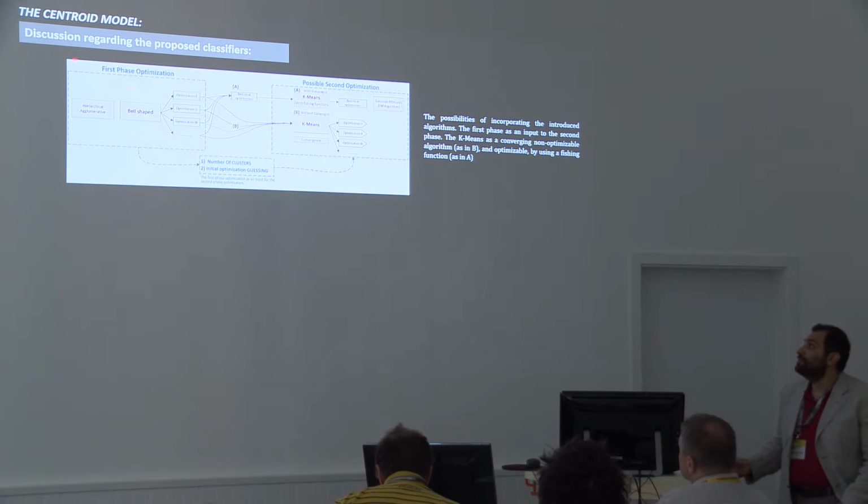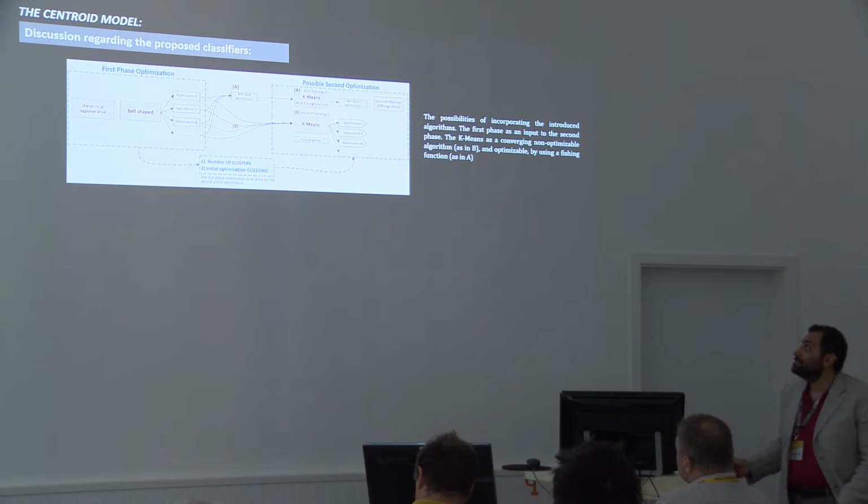The first phase of optimization, or the first group, contains the bell-shaped function and the hierarchical agglomerative algorithm. These algorithms are used to reduce the number of clusters and to provide the initial guesses that are important for k-means or the Gaussian mixtures to work, because these cannot work without an initial guess.